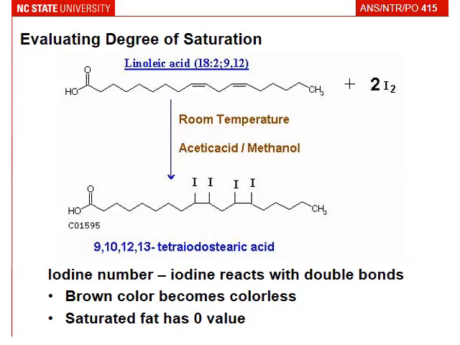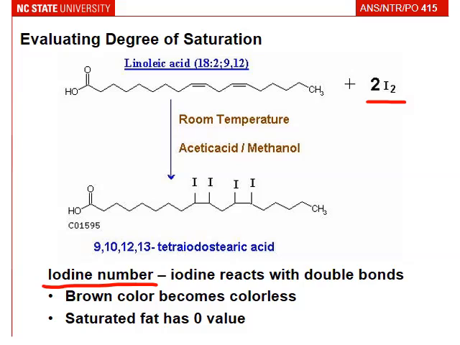So how can you determine the degree of saturation? If you're a company, if you're a feed mill and you want to make sure that the fat you're getting is what you paid for, there is a test where we look at iodine number. You can see here with our linoleic acid, we have 2 double bonds. If we add in a known amount of iodine, the iodine is going to react where there are double bonds.